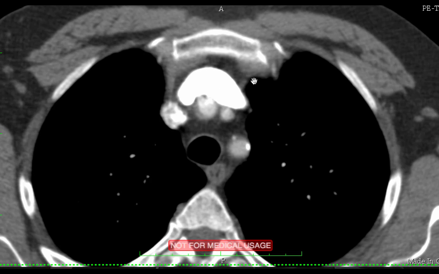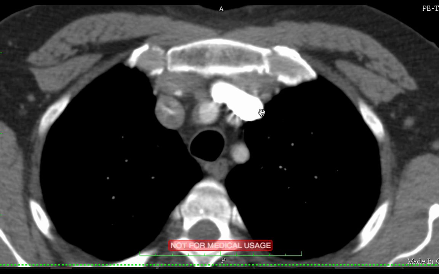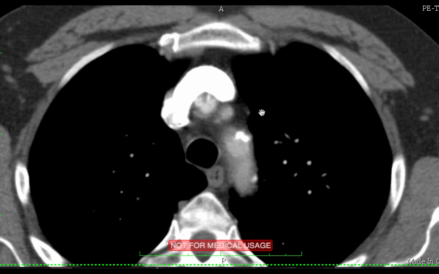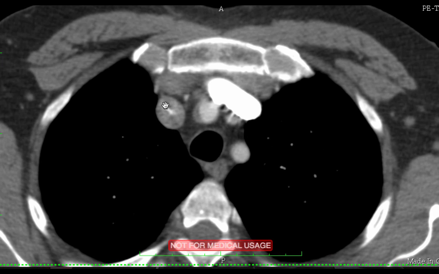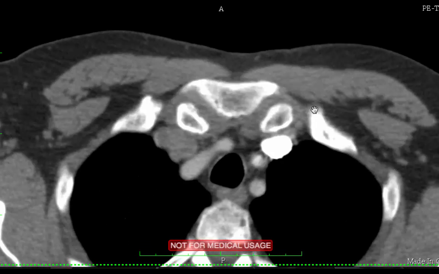Okay, let's just get a little orientation. And we'll go over these things again, but this is the left innominate vein, and this is the right innominate vein. The injection is obviously in the left arm, or possibly in the left subclavian vein.